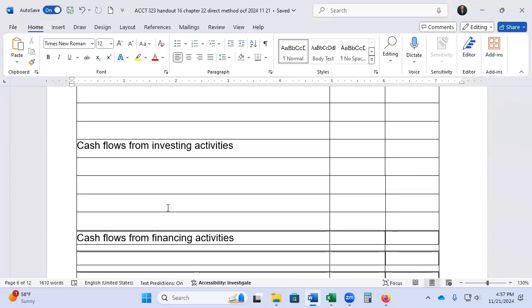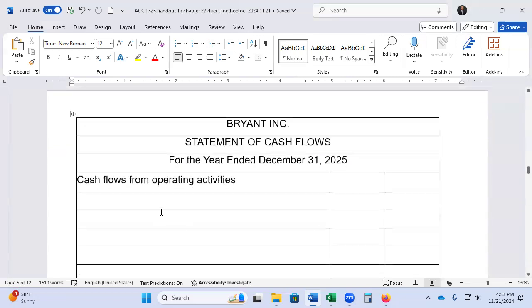So we're going to focus on our operating activities, and we don't start with net income.